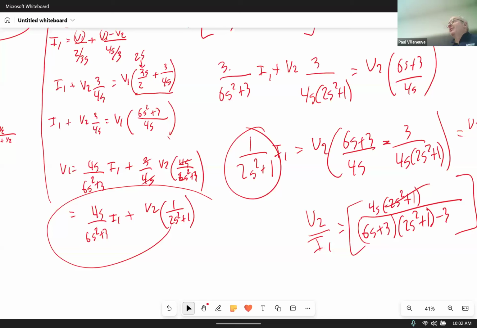It's just like, no, it's just algebra. I just followed all the rules. Okay. That's transfer functions. It's still a transfer function. It's way more complicated than V2 over V1, but sometimes they are. Sometimes they turn out that way. There's not much you can do about it.